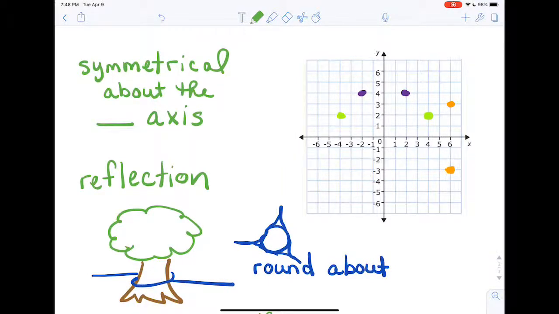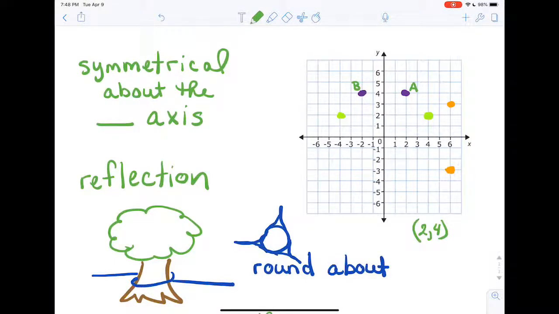So if you look at my coordinate plane right here, you're going to notice that it's pretty colorful. If you look at the purple points here, you're going to see this purple one, point A, and this purple one, point B. So point A is at the coordinates 2, 4.